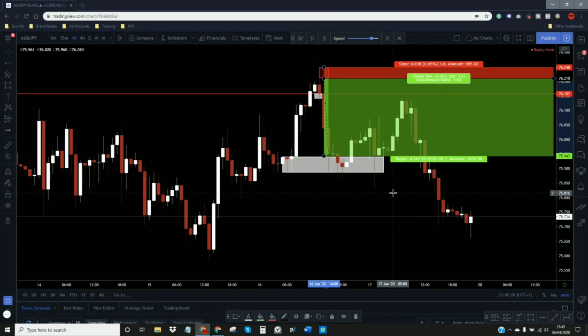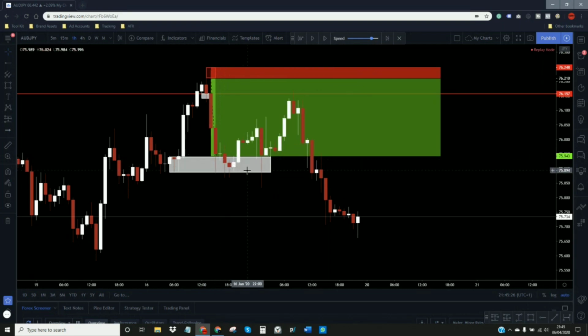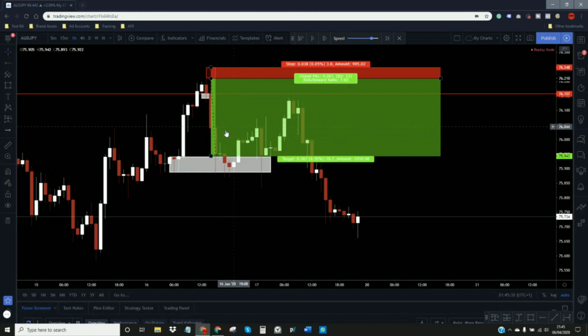So that's 7-1 already just on this trade here. Okay, but now we know that this level has broken. What we could do is potentially take maybe 50 to 60% of the profits off from this trade.